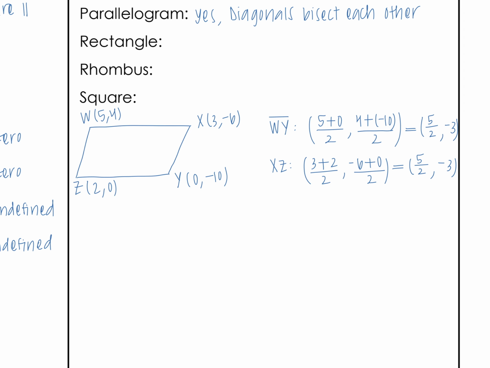Okay, so I'm going to then just find the lengths for my diagonals to see if they are congruent. All right, so plugging into my distance formula, we have the square root of, we can do 5 minus 0 squared plus, and then we'll have 4 minus negative 10 gives me just plus 10.